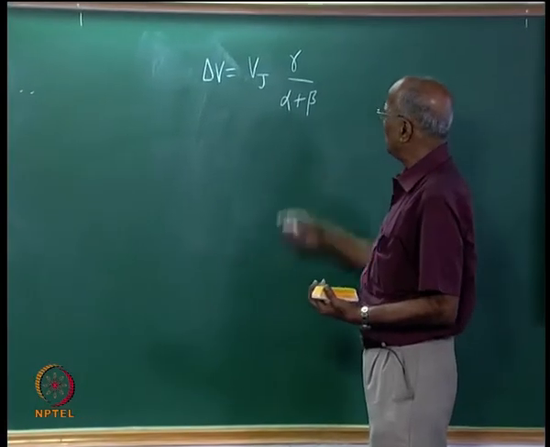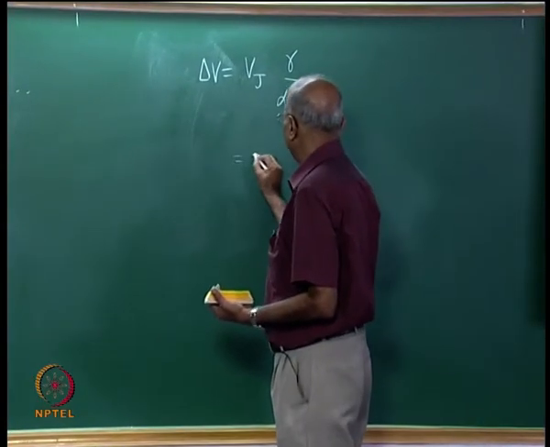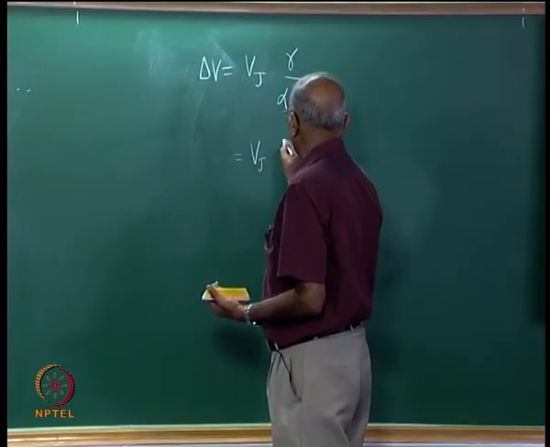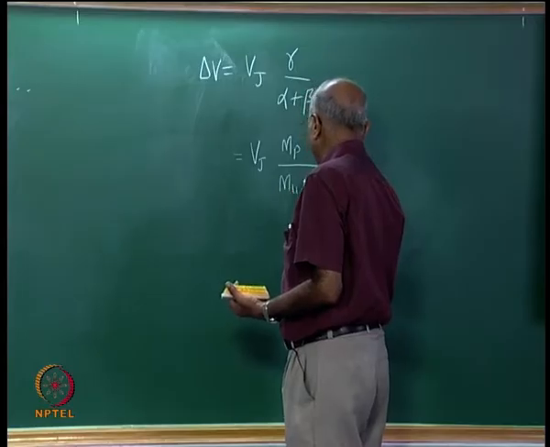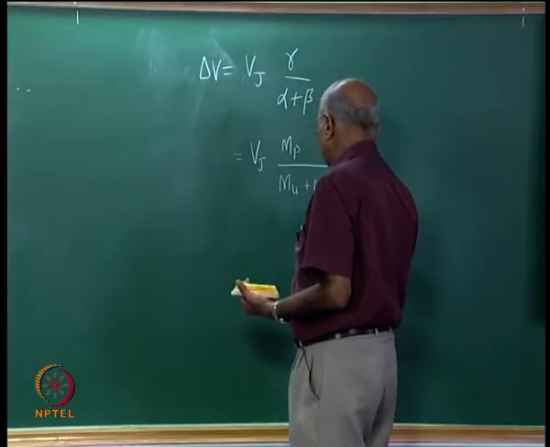Let us put it in terms of the dimensions. Therefore, I get Vj into mass of the propellant divided by mass of the useful part plus mass of the structure.